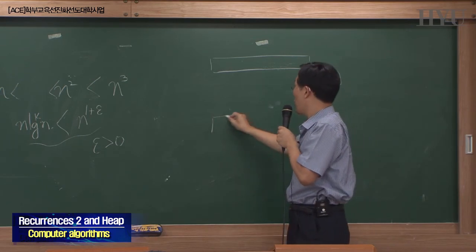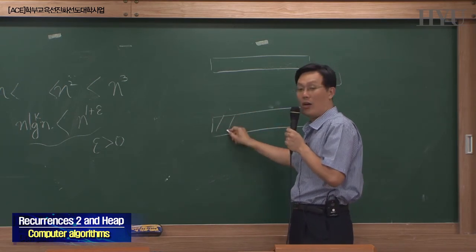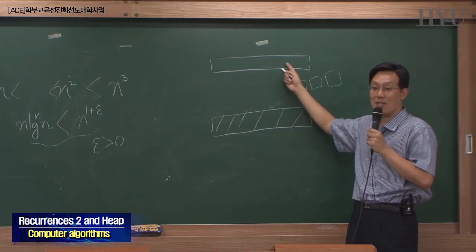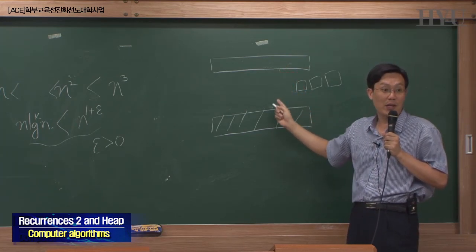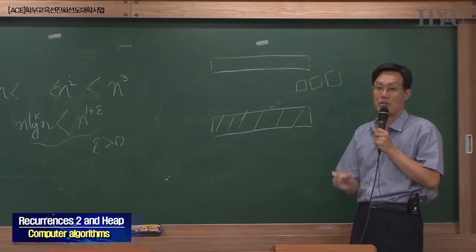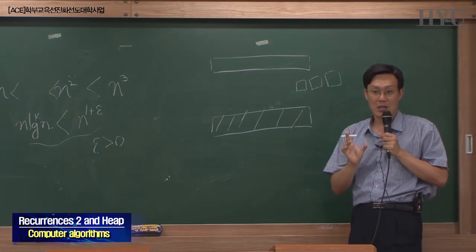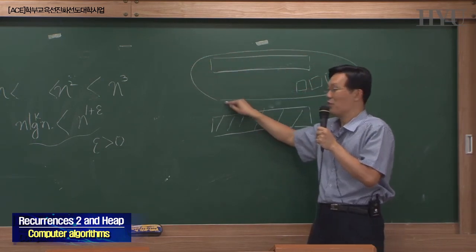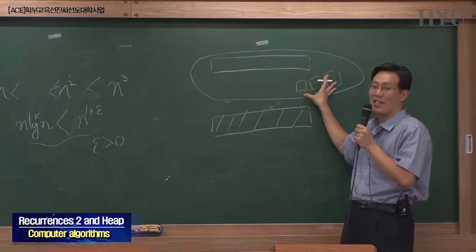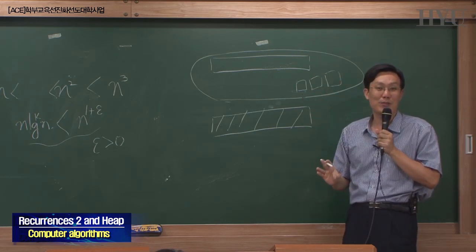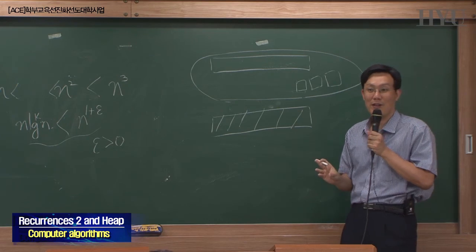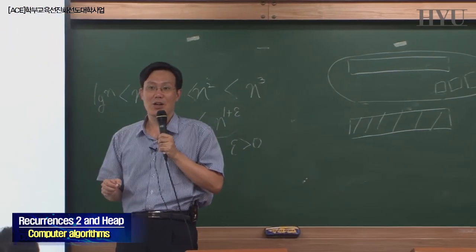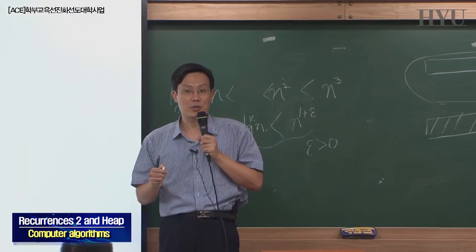But merge sort requires another array which is the same size of the input array. So insertion sort requires less space. And what do you call a sorting algorithm that uses only a small number of additional memory? It's called an in-place sorting algorithm.